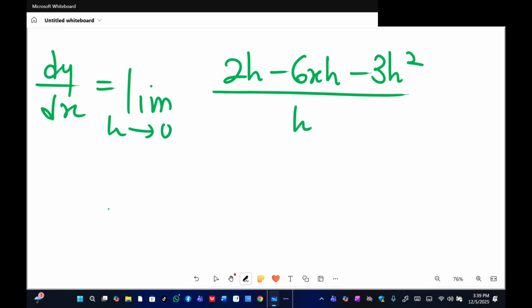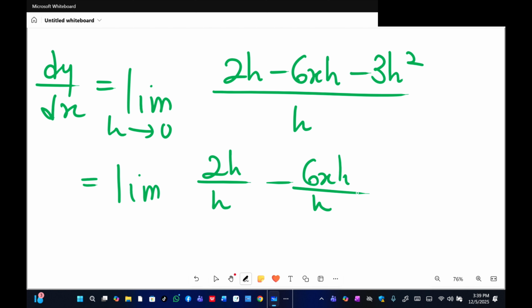So we can split the components to get it as a limit of 2h divided by h minus 6xh also divided by h minus 3h squared also divided by h as the h approaches 0.